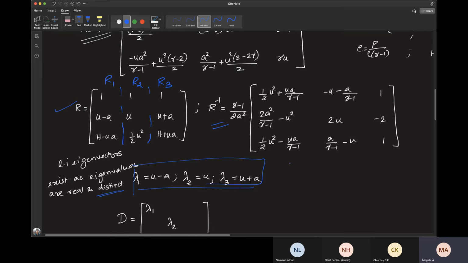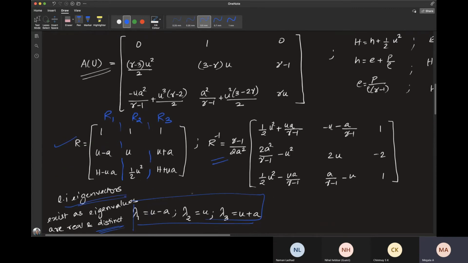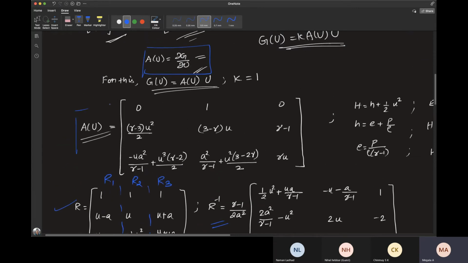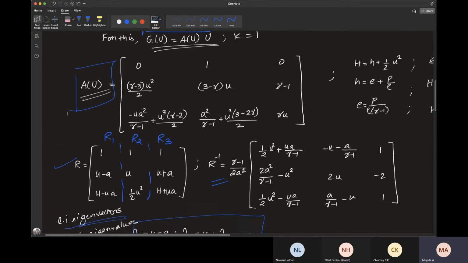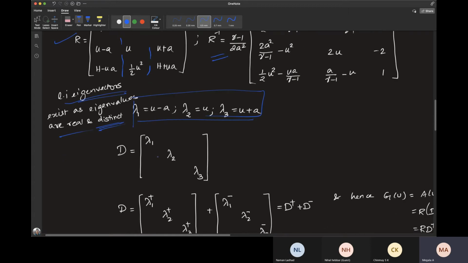These are physical variables, so they are real. Since they are real and distinct, we'll always have linearly independent eigenvectors. There's a proof for that. So this matrix A of u can always be diagonalized, and the diagonal matrix will consist of lambda 1, lambda 2 and lambda 3 as its diagonal elements.